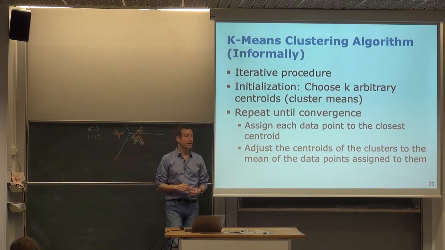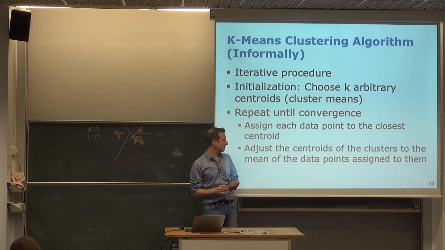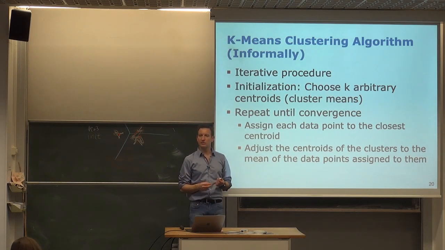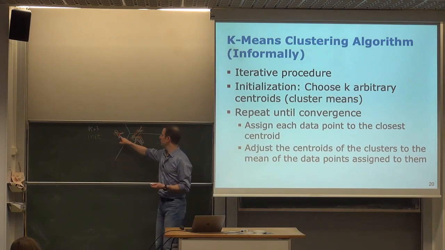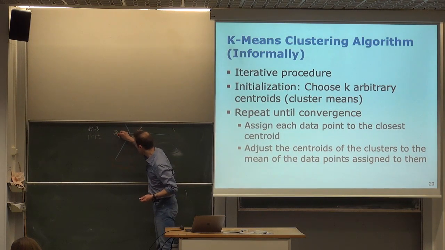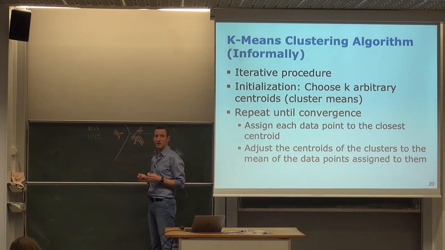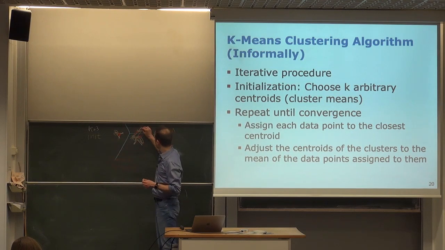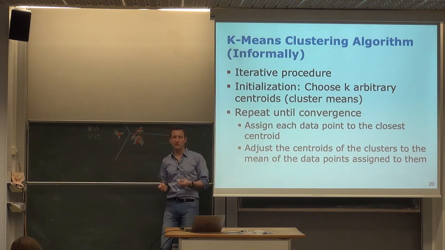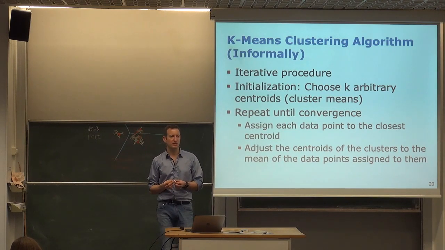Then I say, okay, adjust the centroids by computing the mean of the associated data points. Here, nothing changes. No assignment has been changed, so the point will not change. Here, we only have these 3 points associated, so this one will move over here. And in this example, all the points will actually move over here, which is now the final result that we have for our k-means algorithm.